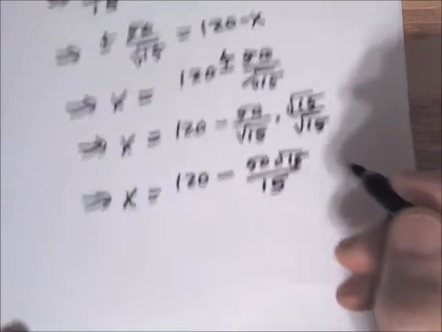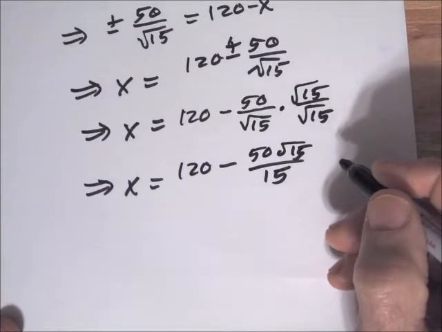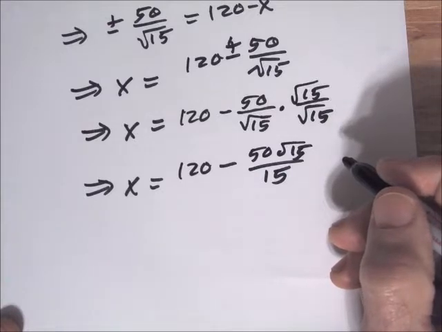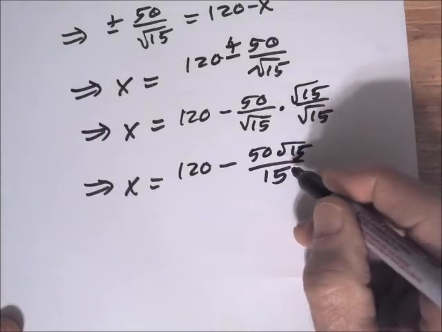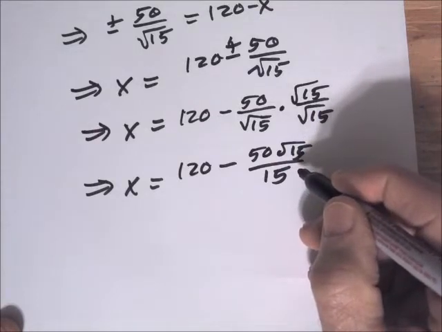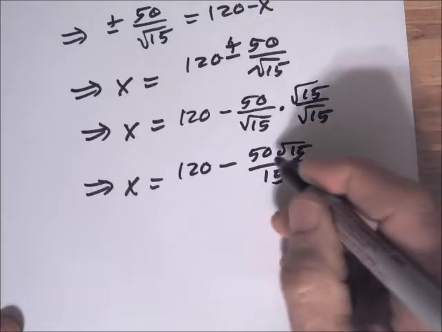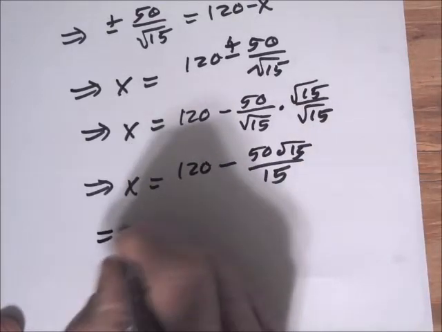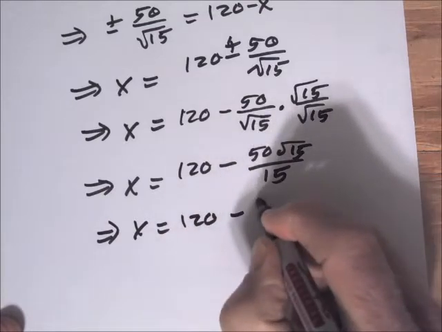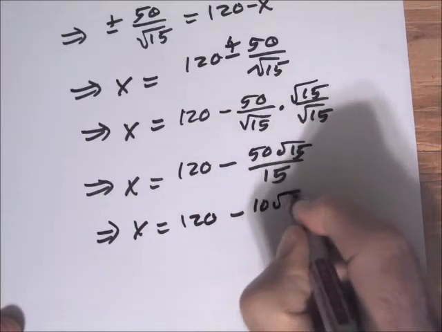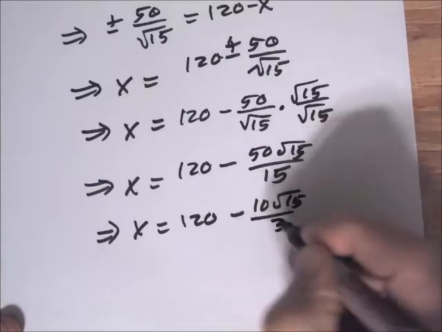We can then reduce this: divide top and bottom by 5. x equals 120 minus 10 root 15 over 3.